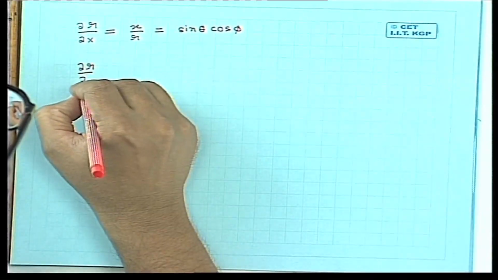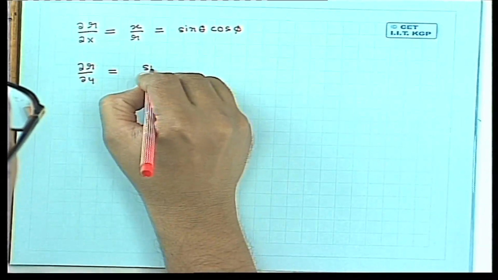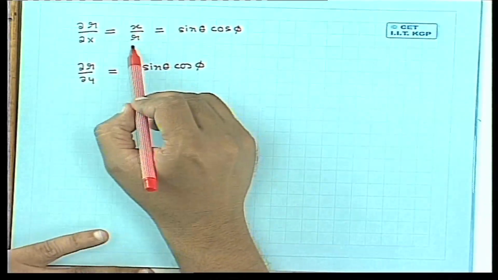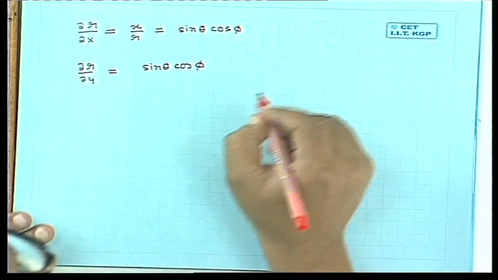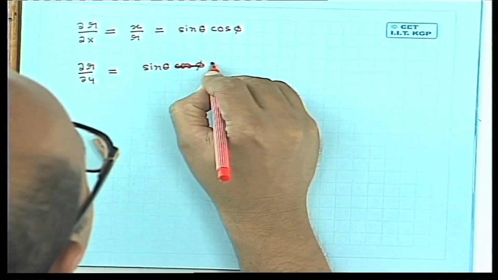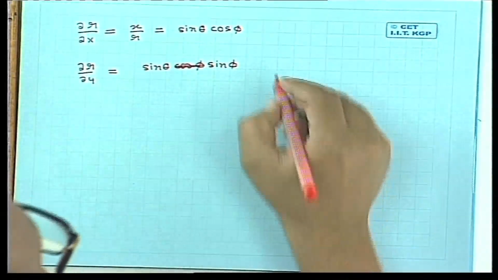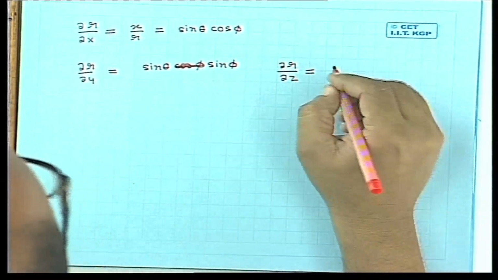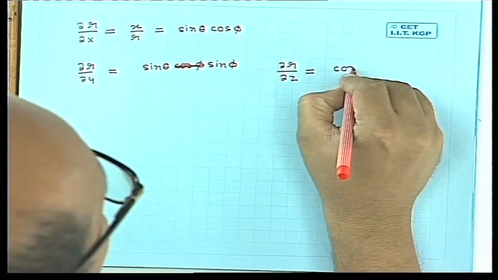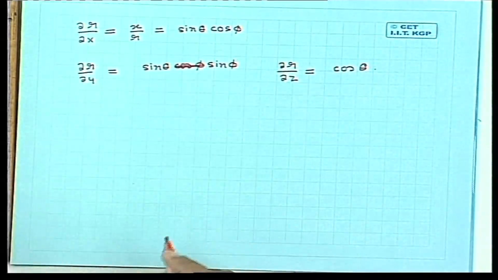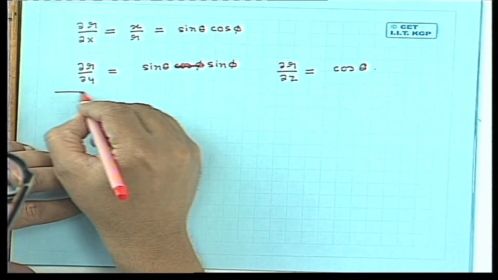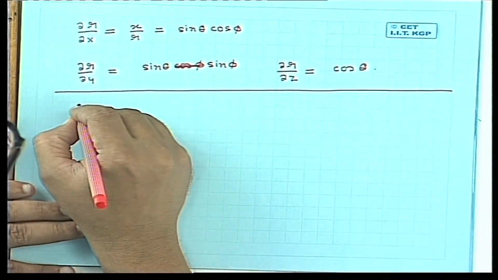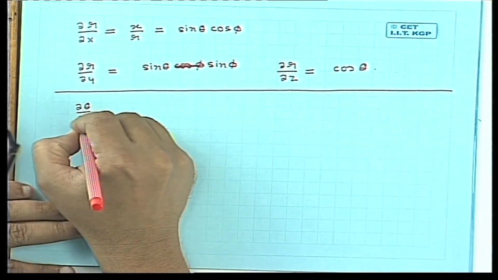That will be y by r, so sin theta sin phi, and del r del z will be cos theta. So the first three derivatives have been worked out. The whole thing is just straightforward differentiation, but it takes time to do it. Del theta del x.